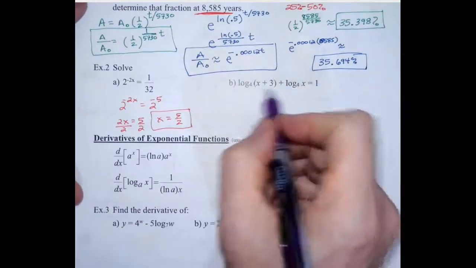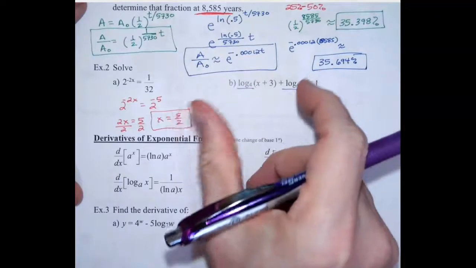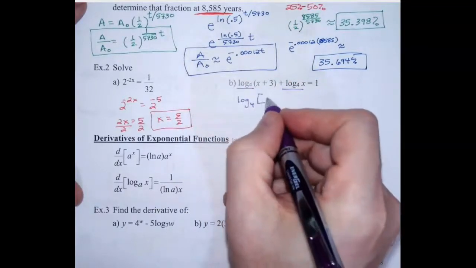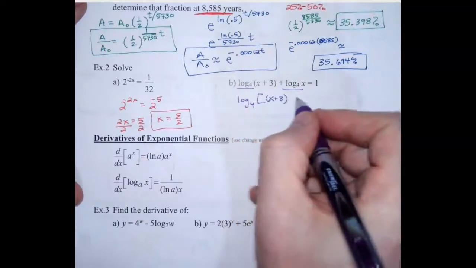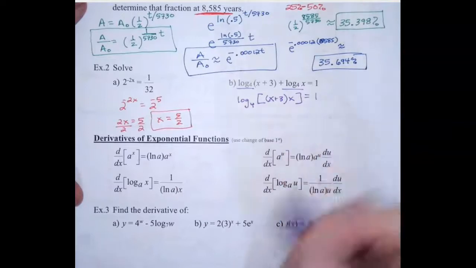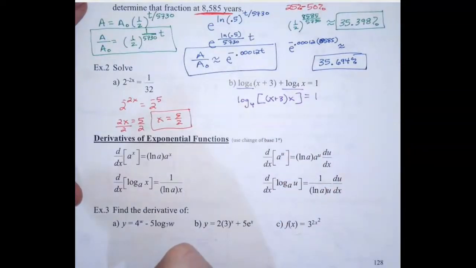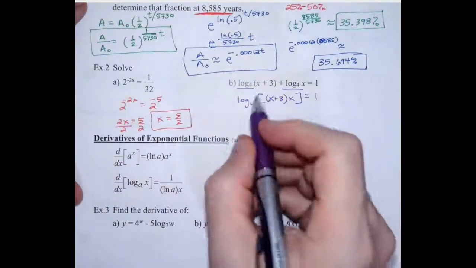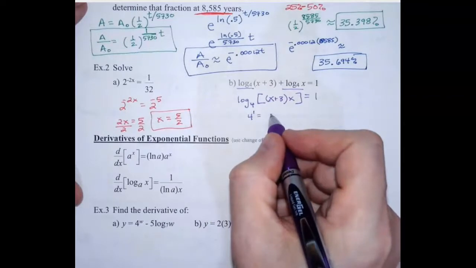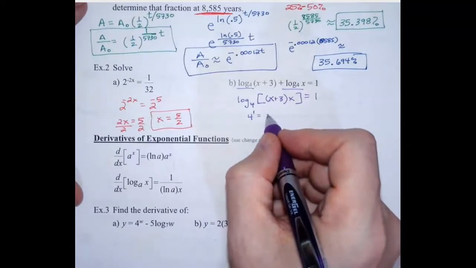Here we want to use the properties of logarithms, so we want to put these together. So that's going to be the log base 4 of x plus 3 times x equals 1. Now we want to rewrite that. So we're going to do this to this power equals that. So 4 to the first power equals, we'll go ahead and multiply that out.